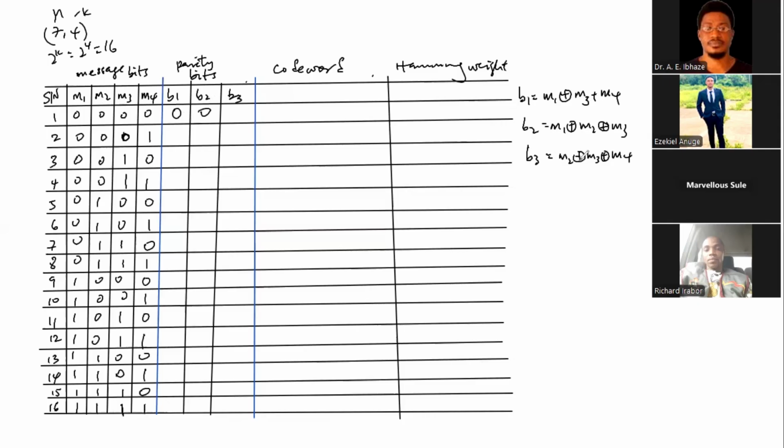For the third bit position, 2, 3, 4, that's also 0. And for this, 1, 3, 4, that's 0 plus 0 plus 1, 1. Then 1, 2, 3, 0 plus 0 plus 0 is 0. And then 2, 3, 4, 0 plus 0 plus 1 is 1. Is that correct, please?